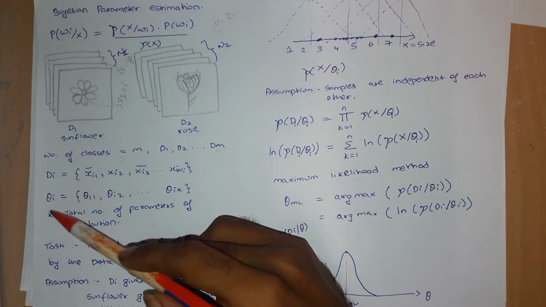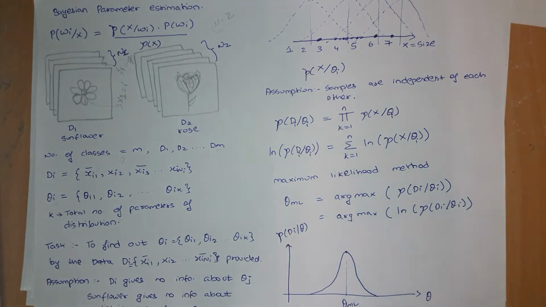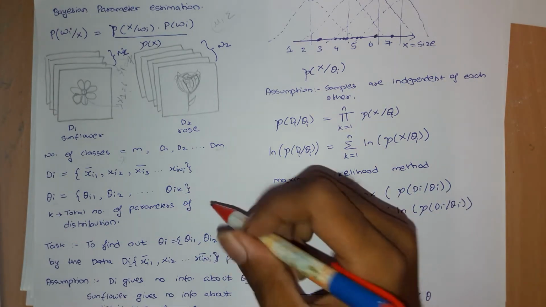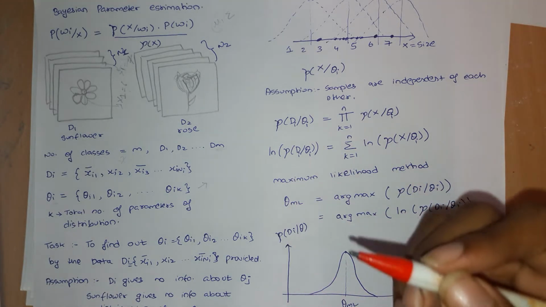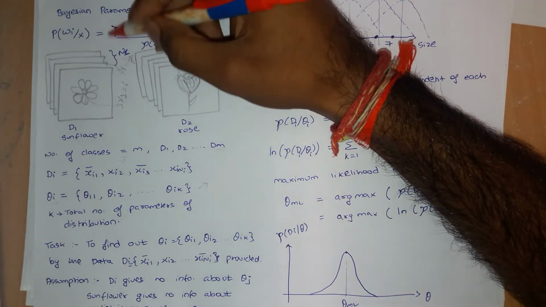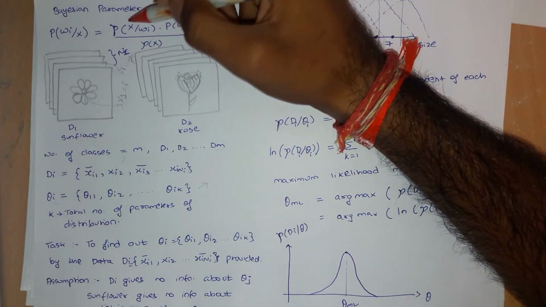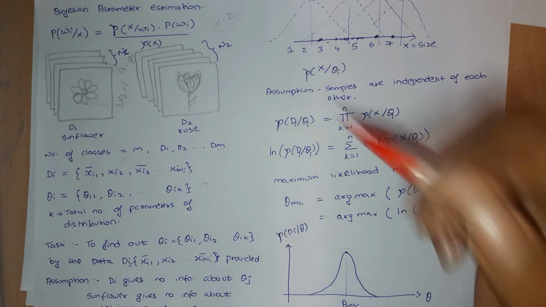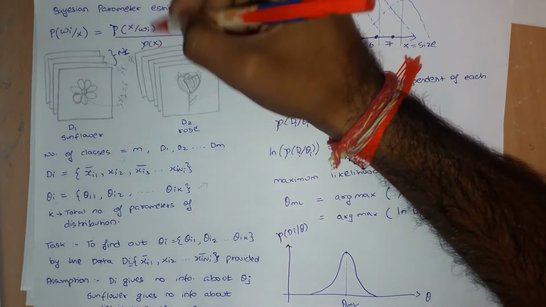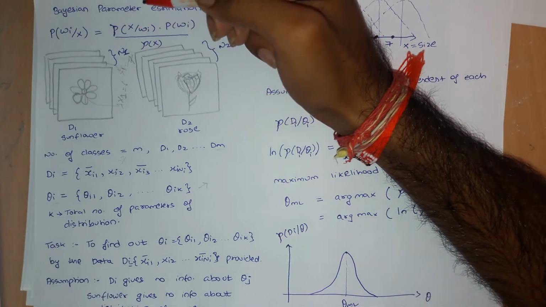Now these are parameters that have to be estimated. For a Gaussian case, there is an assumption: we are assuming that the likelihood follows a Gaussian distribution.